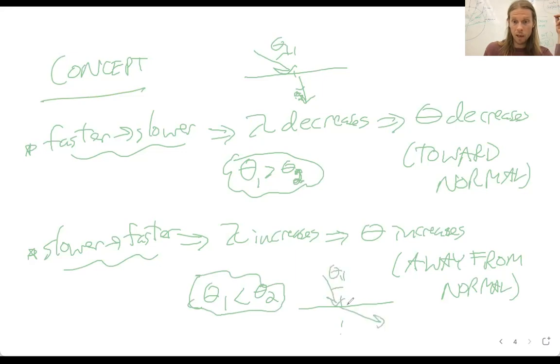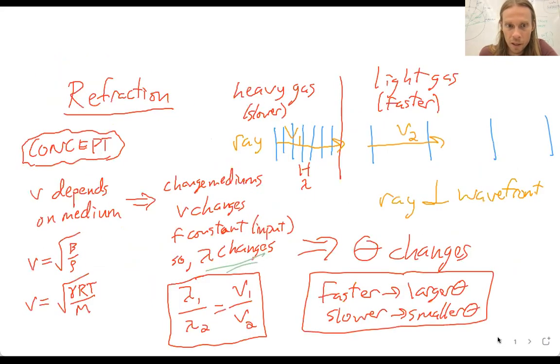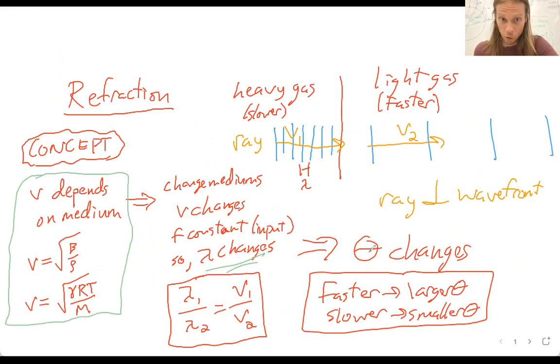And this will happen to sound. And when we do light, we'll see it happens to light for completely different reasons. Here, the physics is this. Where does it start? It starts here. This is the physics of sound. The physics of light will be completely different, but the result is what waves do. This is the rules of waves. If I change medium, V changes, so f is constant, so lambda changes.